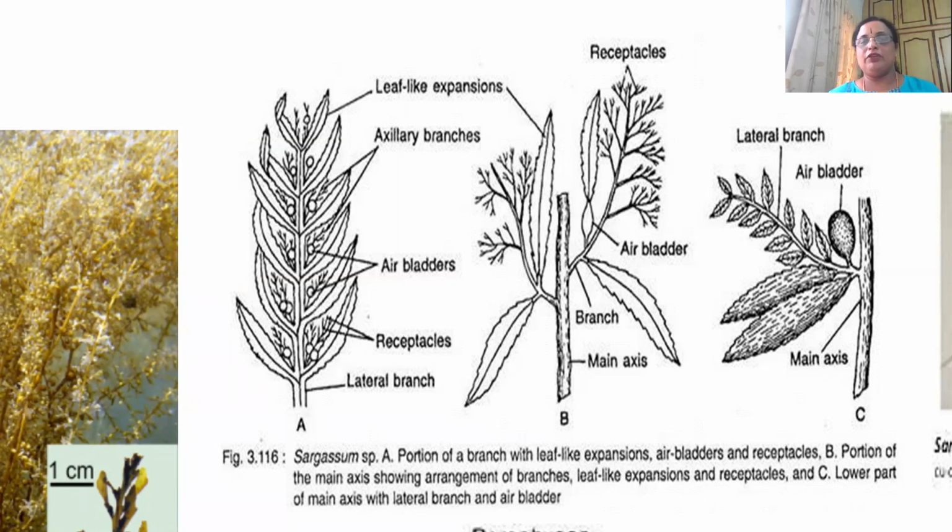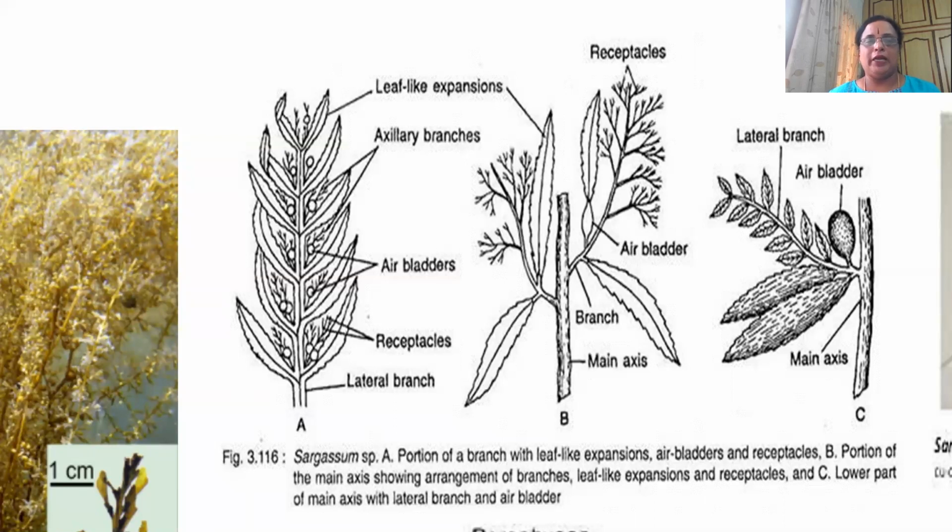And there are many free-floating forms. For flotation, they require the air bladders, for creating buoyancy. So they have a special structure made up of air-filled cells, that is, spongy parenchymatous cell-like structures filled with air.